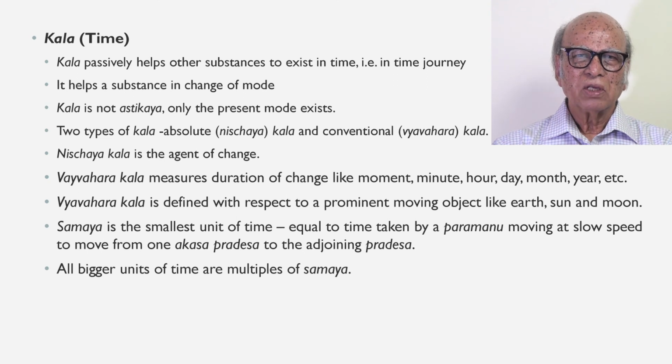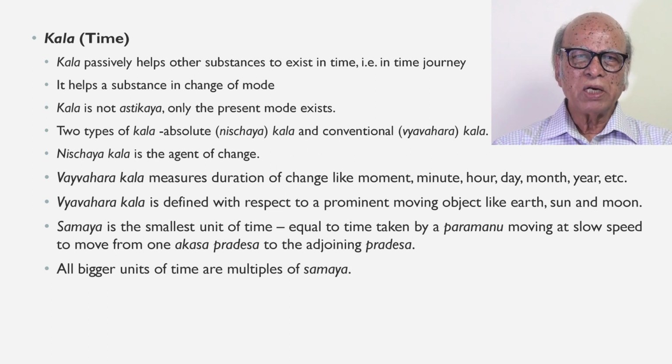And Earth is moving around the sun, and it makes one orbit in 1 year, and so on. So you can see that these units used for measurement are defined with respect to a moving object, for example, earth, sun, and so on. Besides that, Vyavahar Kal has no existence.